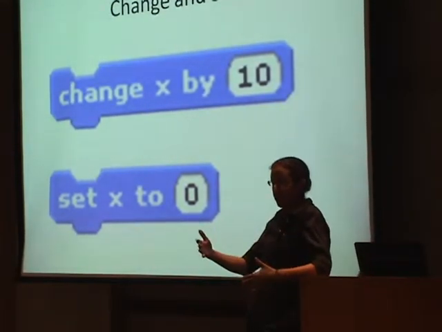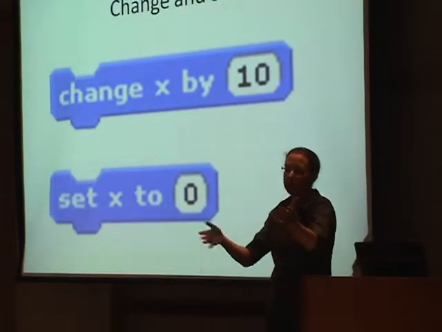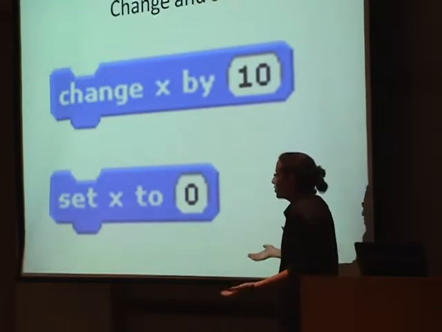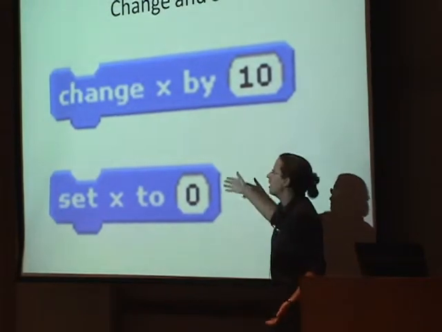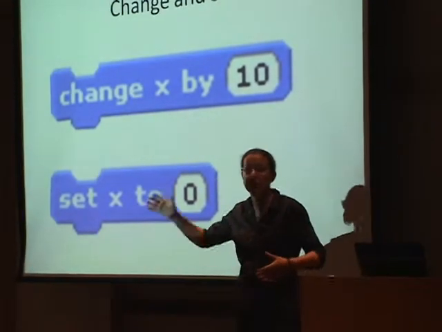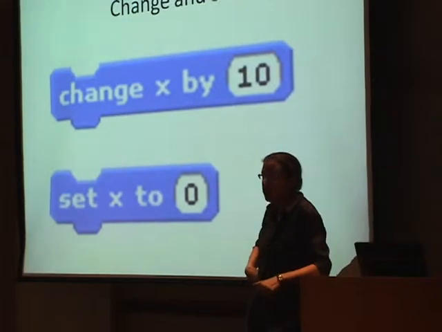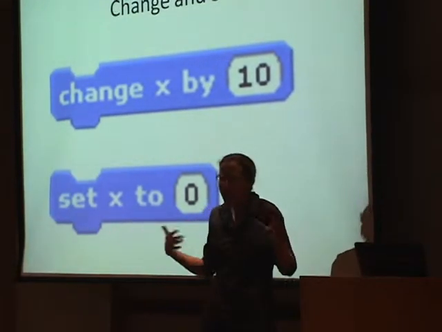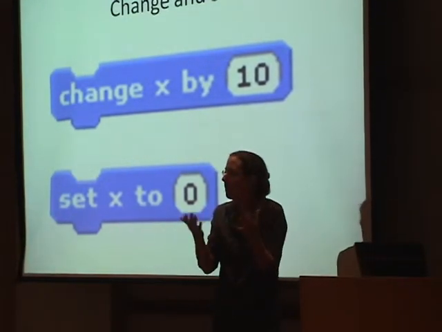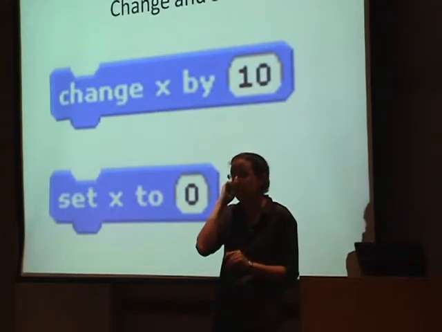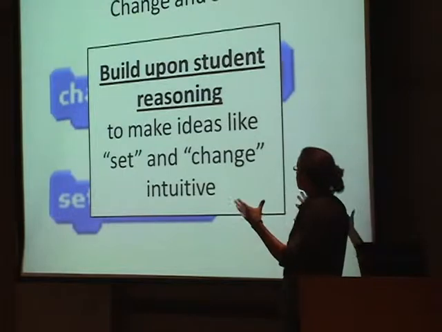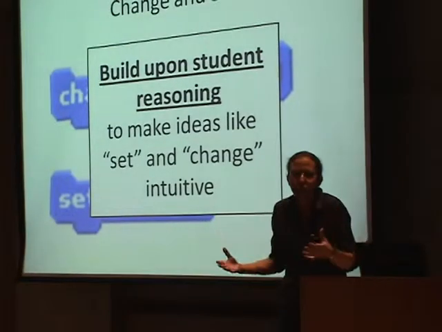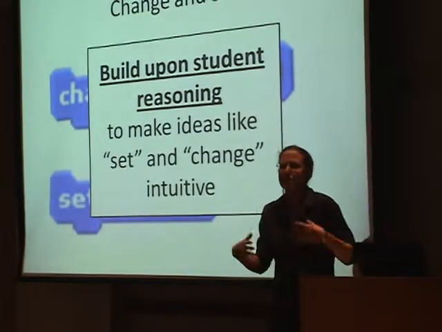For college students, I found, not a large n here, the more intuitive way is to say set x to x plus 10. I find 6th graders seem to have less trouble with the change. They still use the wrong one accidentally, but at a core level, they seem to have the right intuitions around these. So try and build upon their regular reasoning for the idea of accumulating things and setting things.